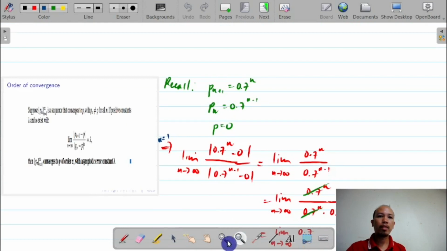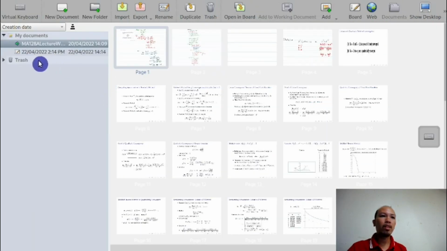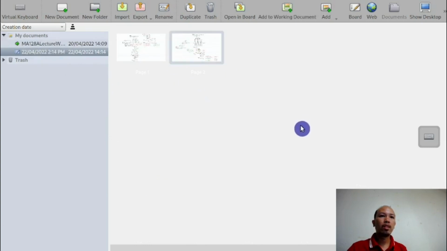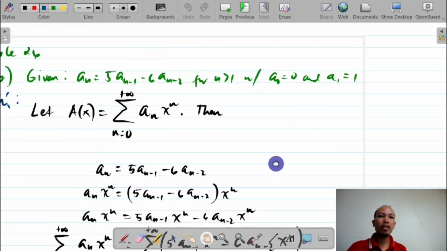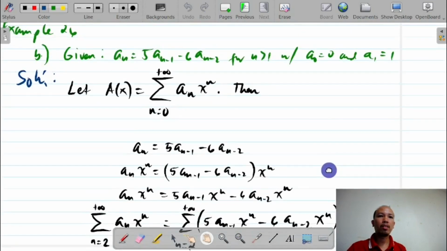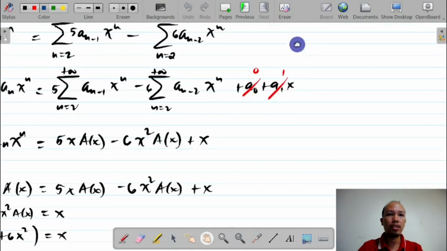So that's it for now. I guess I've explained it to you well. I don't know if you understand, but generating functions are a very nice tool to find the closed form of a given recurrence relation.